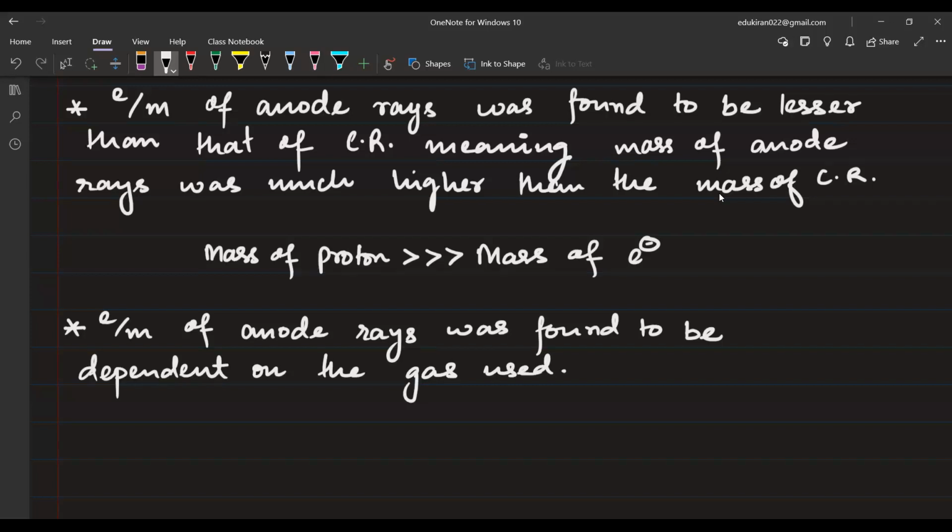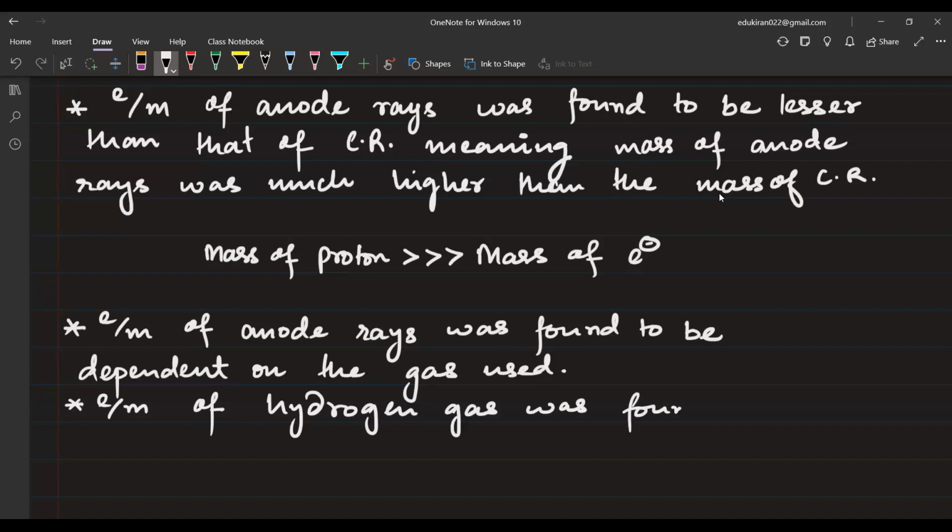Then next point, E by M of hydrogen gas was found to be maximum.